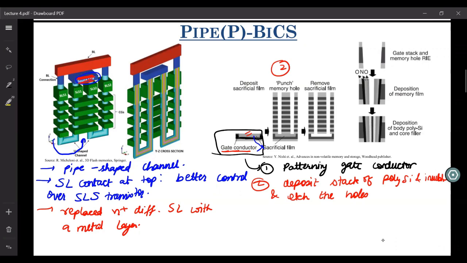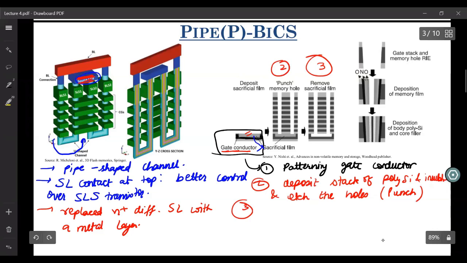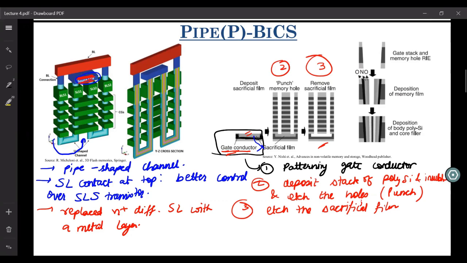You etch the holes or punch them like we did in BiCS. Then in the third process, you use the etchants and you etch the sacrificial film, the sacrificial film which you deposited in the first process. So this is what you do in the third process. And now you have this kind of pipe structure.